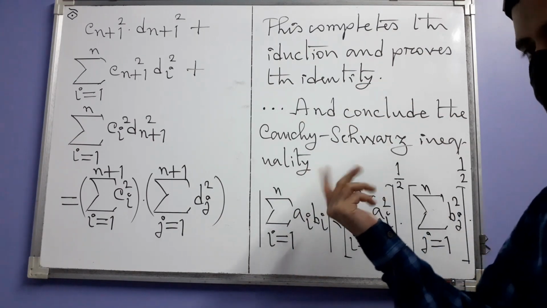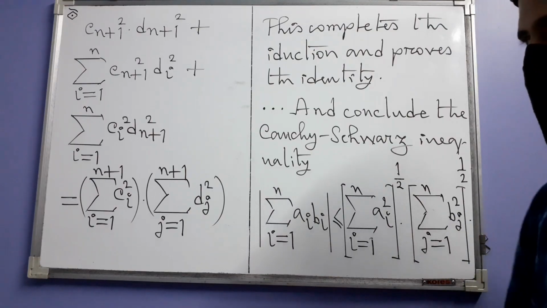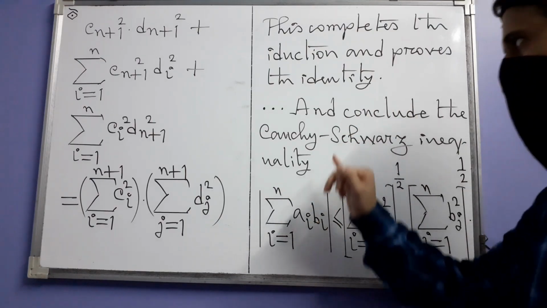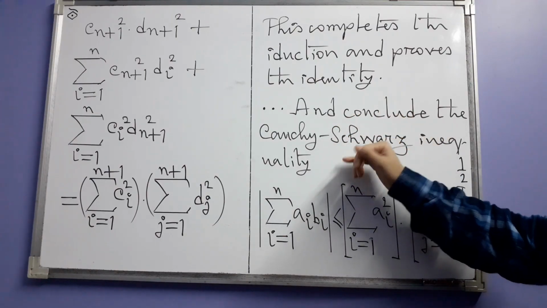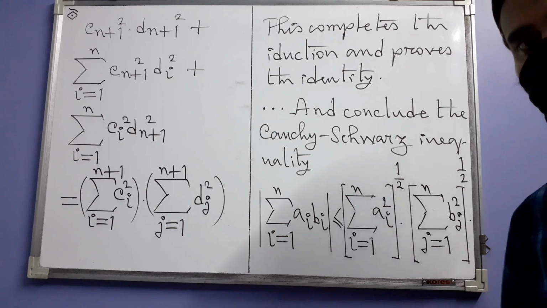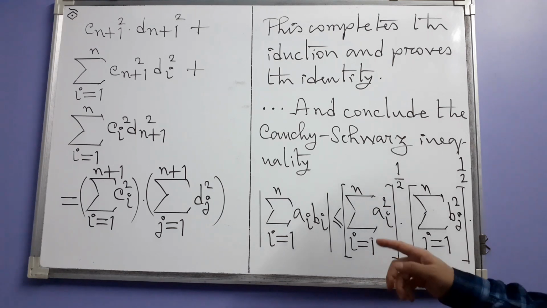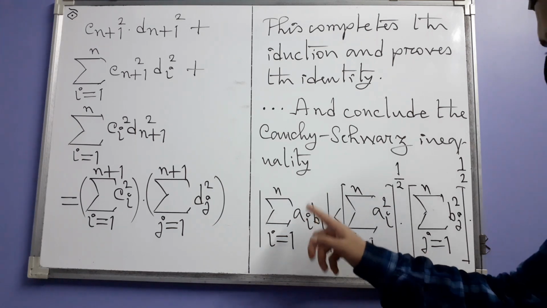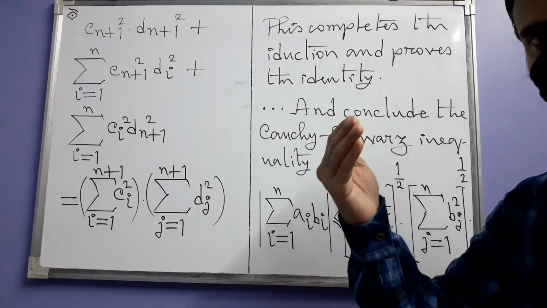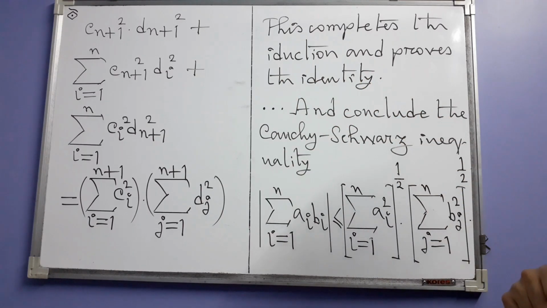Now let's go to the other parts of this exercise. With the help of this identity proved just now, we have to conclude the Cauchy-Schwarz inequality. This is a very important inequality. What is this inequality? Again, we have those a_i's and b_i's, a_1, a_2 up to a_n and b_1, b_2 up to b_n.